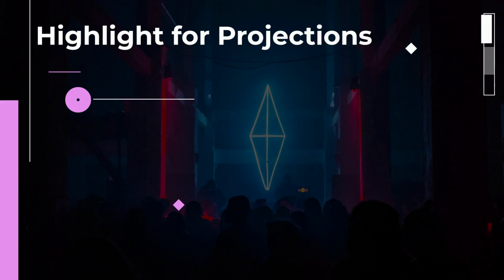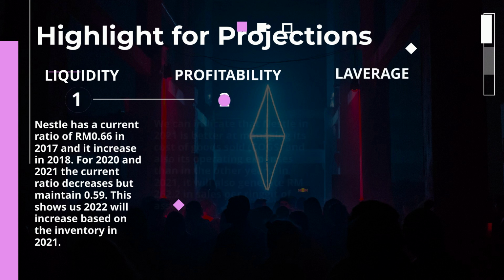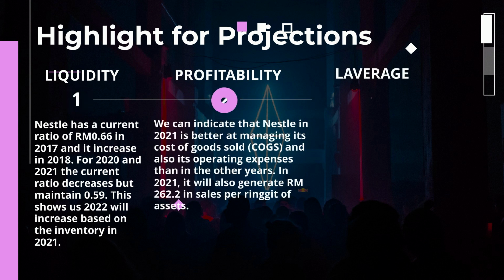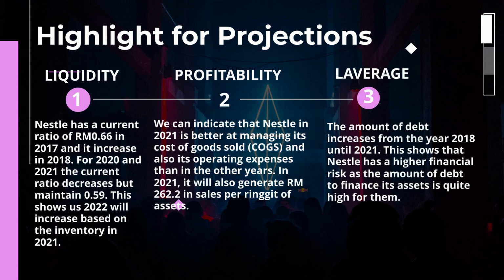For liquidity, Nestle had a current ratio of 0.66 ringgit Malaysia in 2017 and it increased in 2018. For 2022 and 2021, the current ratio decreased but maintained 0.59. This shows us 2022 will increase based on the inventory in 2021.